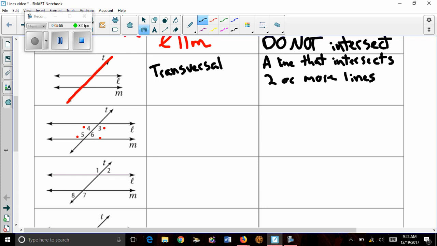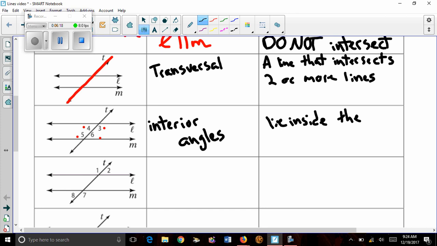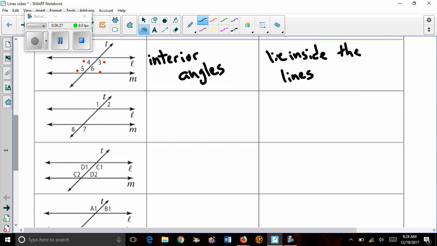We're going to call those interior angles, because they lie inside, in the interior of the lines. So interior because they're inside, they're in between everything.